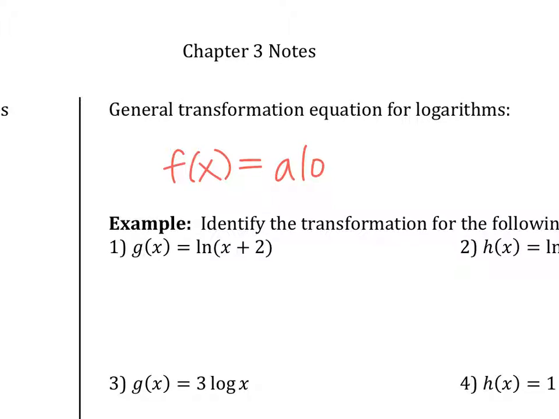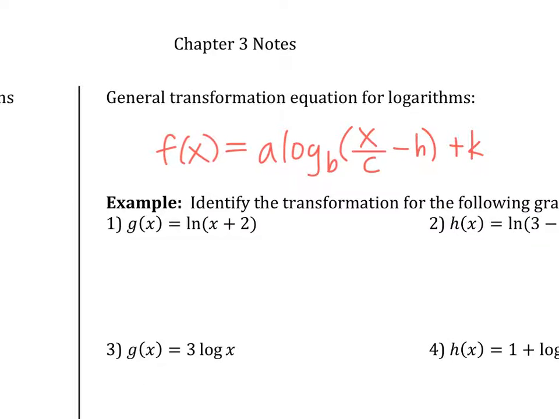Log, and let's just say it's base b, so any base. And then what do we have? x, good, but this time we have an over c, because now we are better and wiser in our second year of doing this. We have horizontal stuff. And then what's going to happen after that? Minus h, and then plus k.